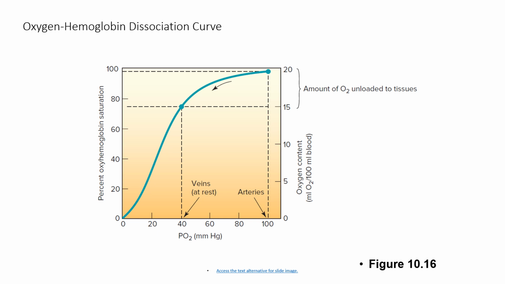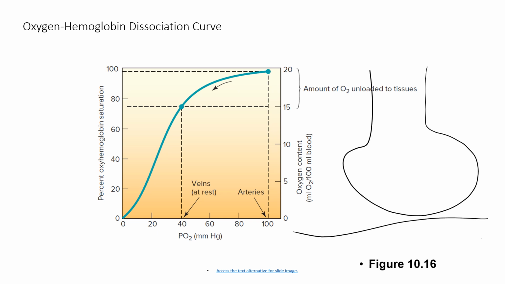So ask yourself this. Okay, here is an alveolus. Here is a pulmonary capillary. Okay, right here, traveling through the pulmonary capillary, is deoxygenated blood. Okay, these are the red blood cells within the deoxygenated blood, and here's the blood plasma.